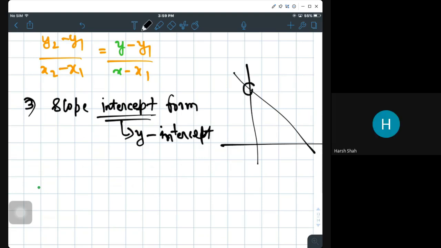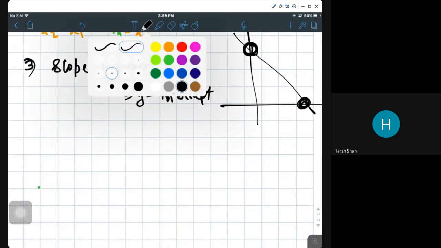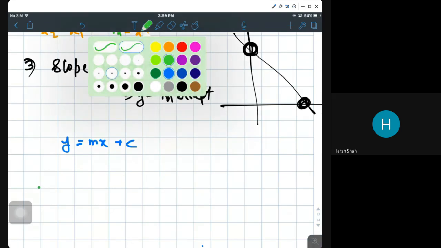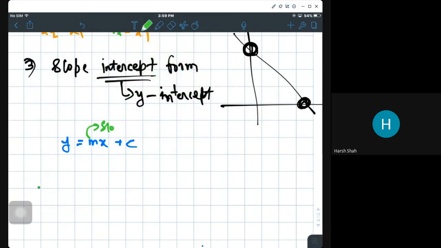Right? This point is known as the y-intercept. This point is known as the x-intercept. How we generalize this equation is y is equal to mx plus c. m is the slope, c is the y-intercept. And these are given. y and x are not given.